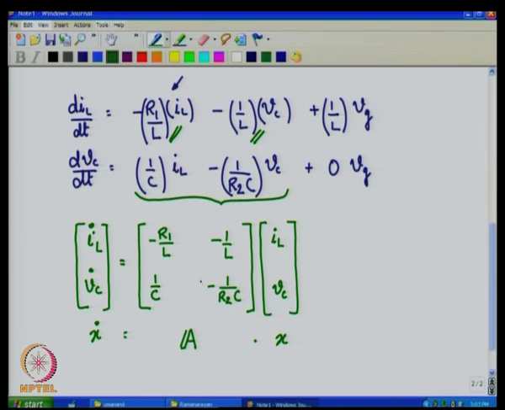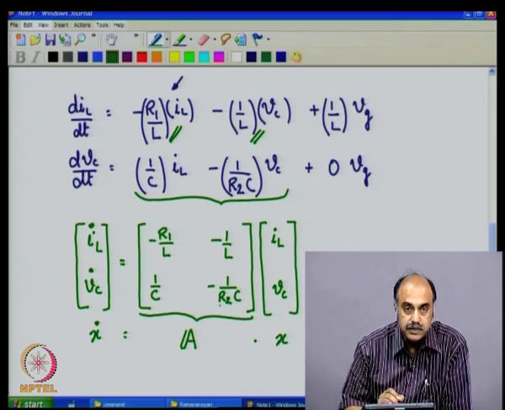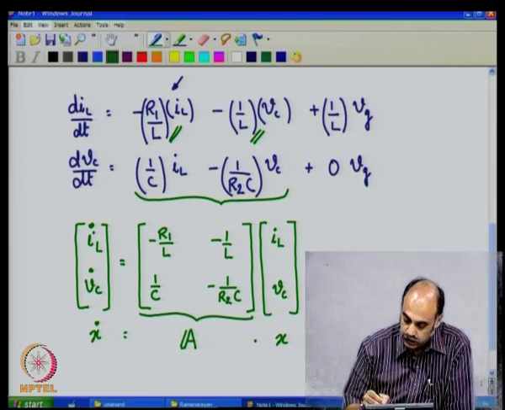So, this square matrix forms the state parametric or the characteristic matrix, which actually defines the system using the parameters of the system.